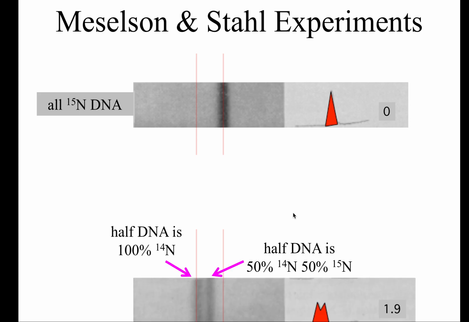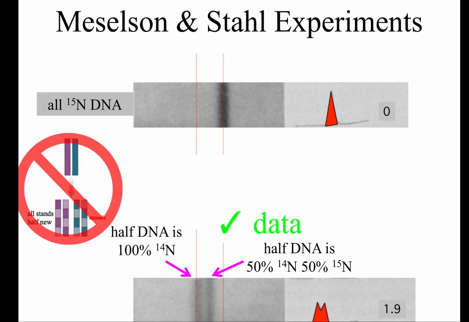Okay? What they saw was 50% of the DNA was light and 50% was heavy, and then the new DNA, where 100% was all light, knocked out this as a possibility.